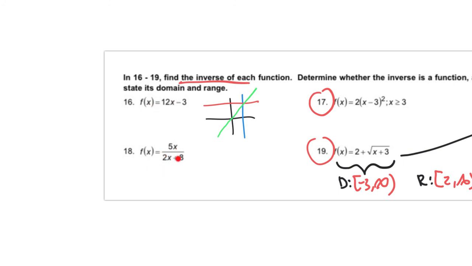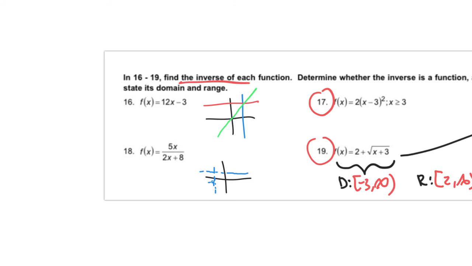When I look at 18, I'm seeing something that is probably too complicated to take a graphing approach. First of all, there would be a vertical asymptote at -4 because if x was -4, then this would be undefined, so that tells us there's a vertical asymptote. There would also be a horizontal asymptote, just so you know, at 5/2.